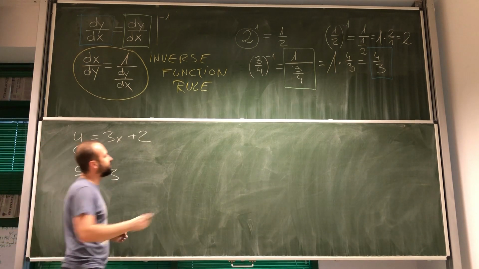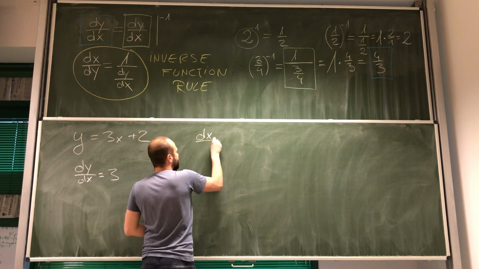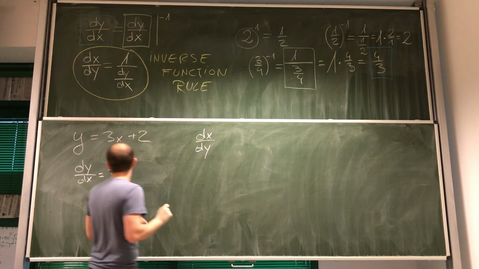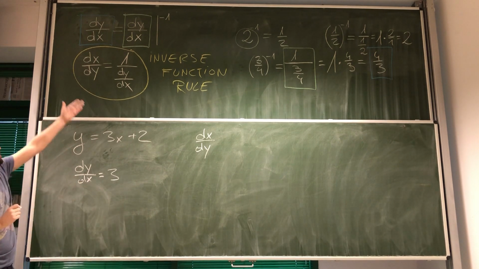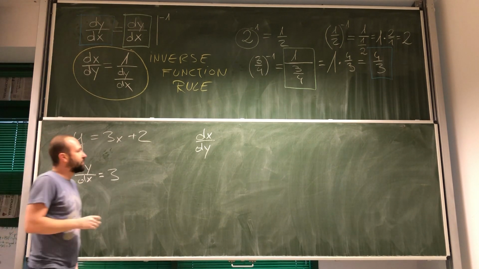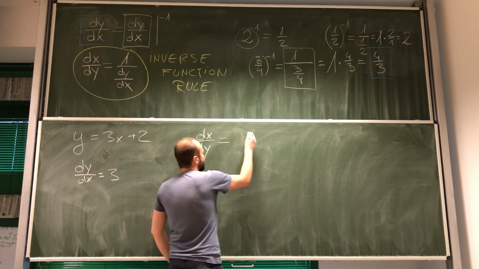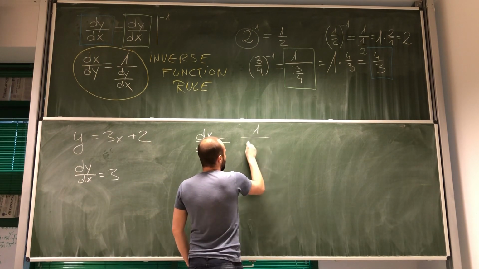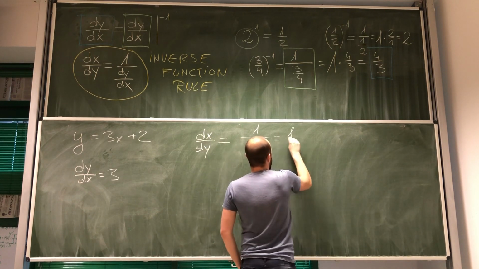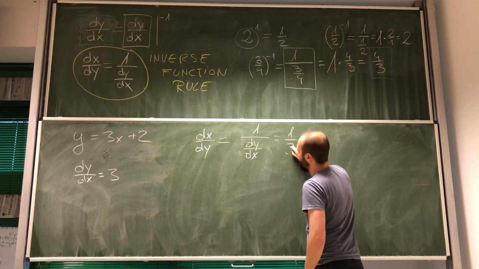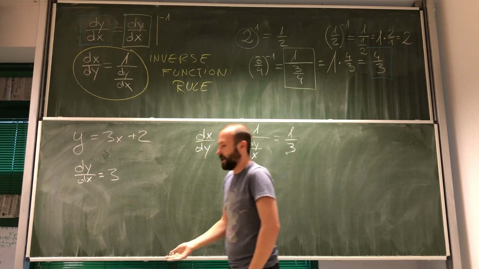What if I want to have derivative dx/dy? There are two possibilities of going about it. First thing I could do, which is way easier, is to use inverse function rule. Because by inverse function rule, I know that this is 1 over dy/dx, 1 over 3. And it is done.